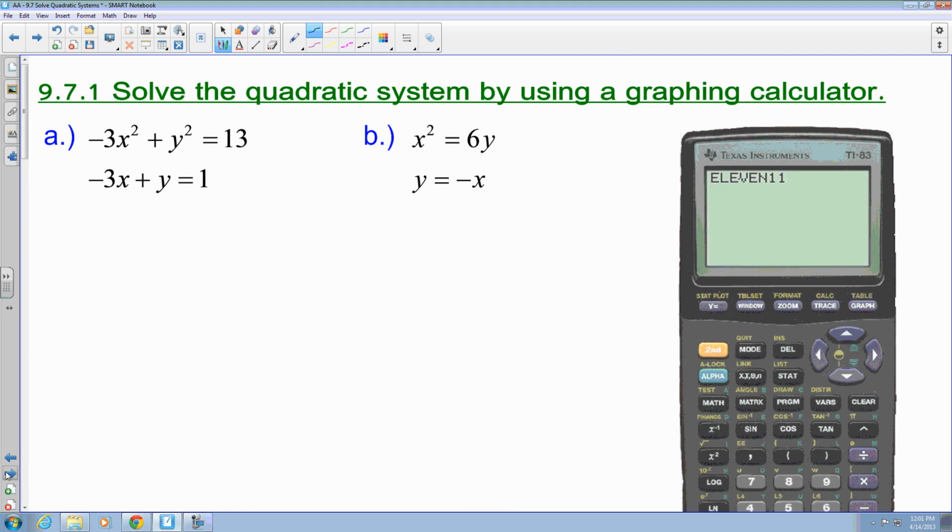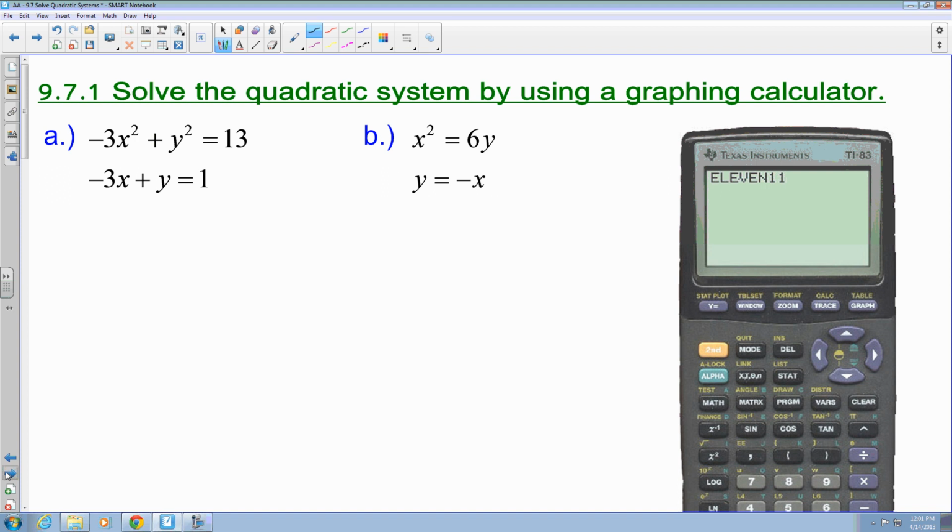So just like solving systems of linear equations, you can solve quadratic systems three ways. You can use a graph, you could use substitution, and you could use elimination.